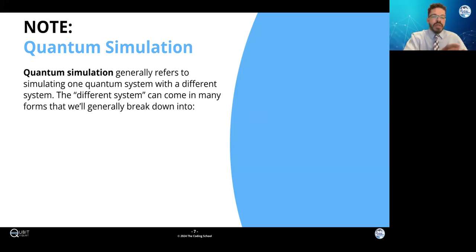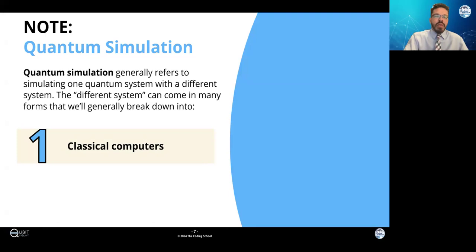So the different system for quantum simulations, we can break down into a couple of different forms. One, we can simulate a quantum system with a classical computer. And before we had qubits in quantum computing, that's what we've been doing with any kind of simulation problem, right? With maybe some rare exceptions, but most of the time when you think about simulation, it's in a classical computer.